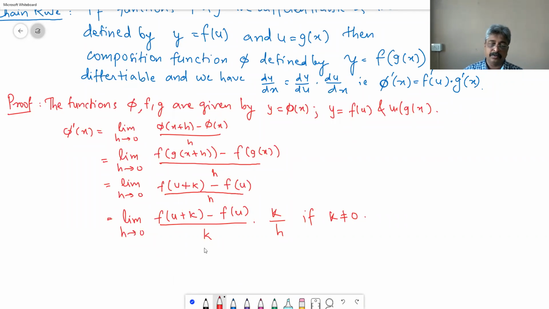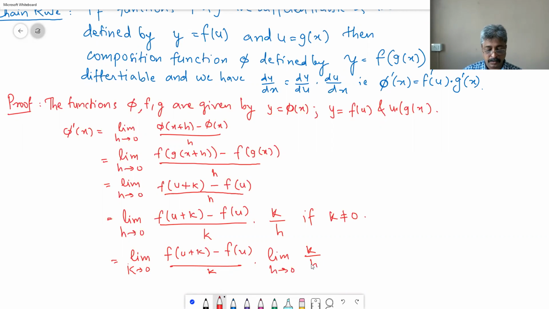Okay, so now we can split limit h tends to 0. Now can I change this from h tends to 0 to k tends to 0, because unless I have k tends to 0 here, I will not be able to evaluate this limit. Is that right?